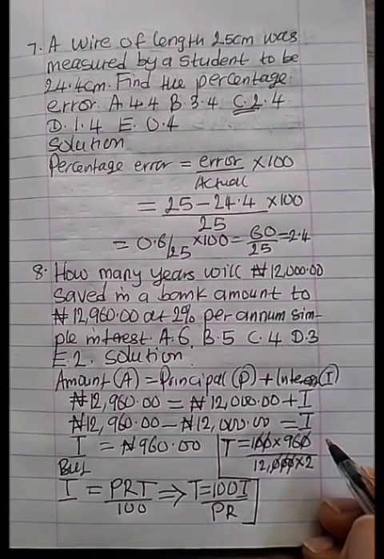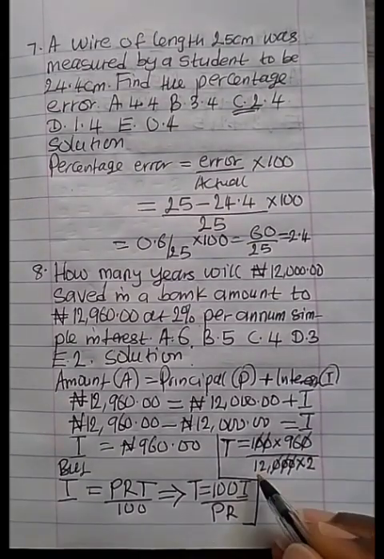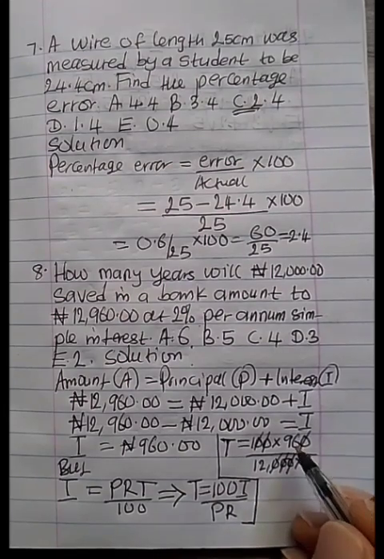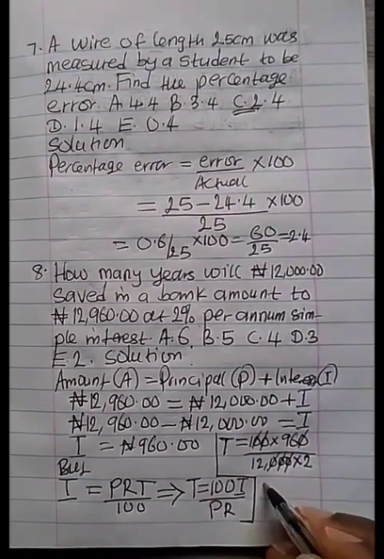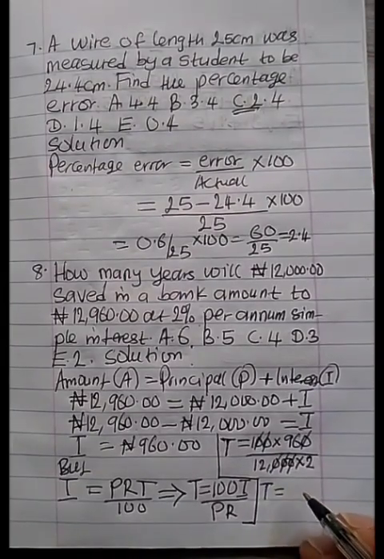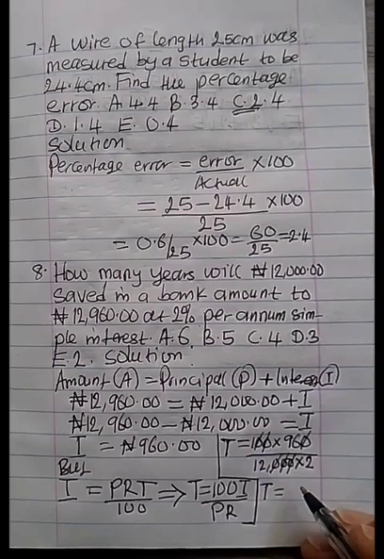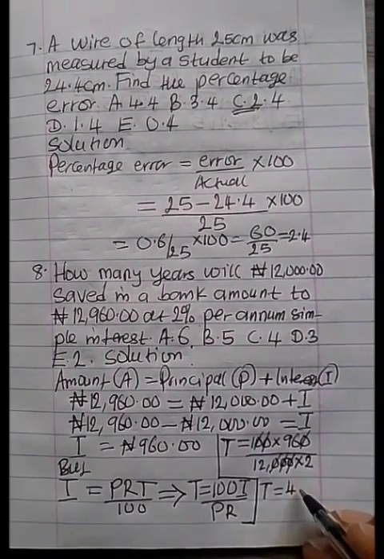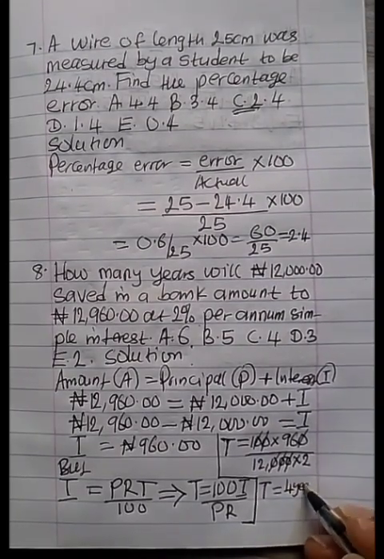If you multiply and divide, here you have 24, this is 96. If you divide 96 by 24, you have 4 years.